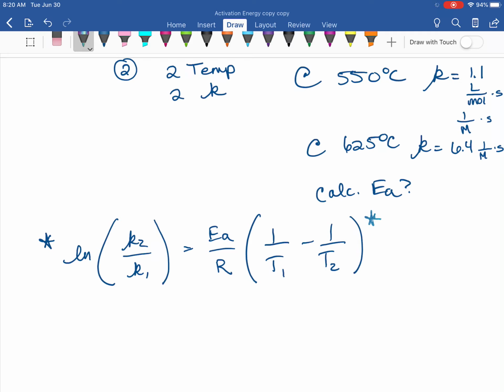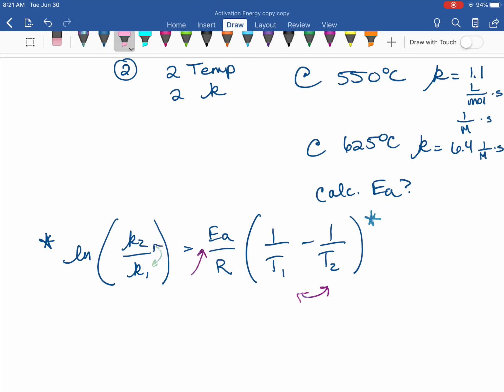Now I'm going to put a little star here. You can see this rearranged occasionally, and different textbooks may have these swapped, but then they're also going to have these swapped. And then you may or may not have a negative there. So really, they're all the same. They're just rearranged.